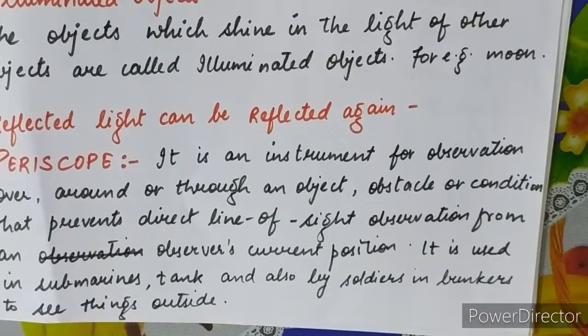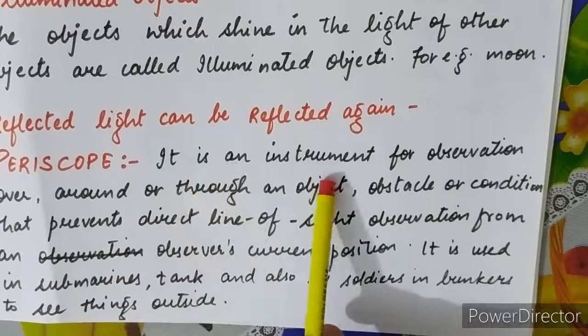That is the periscope, and you know it very well. You have already studied the periscope in your previous class. Again, in the 8th standard syllabus, the periscope is there. So let's start with the periscope.